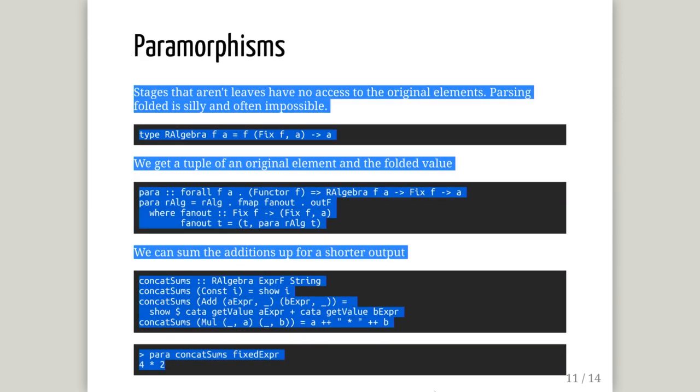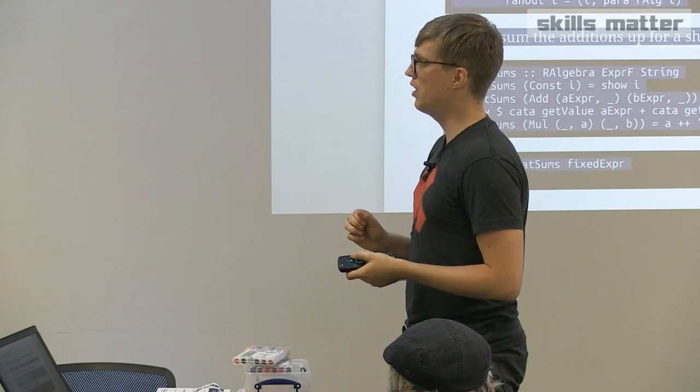In some cases, we need access not only to the current value that's being printed. We also want access to the original elements. So in our catamorphism, we operated on strings. So if we wanted to see what that value is that we get in the addition operator, we would have to parse the int and then do something with that.